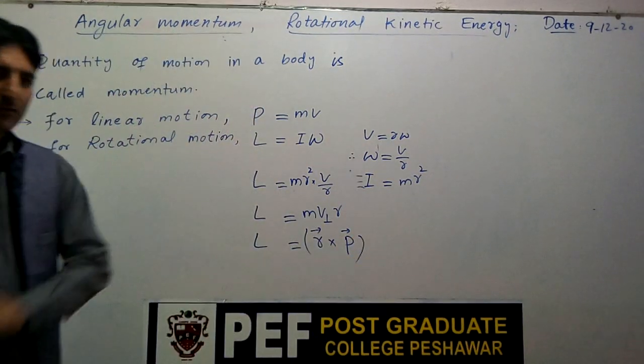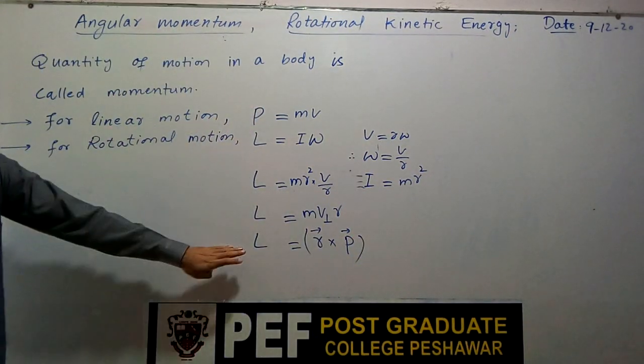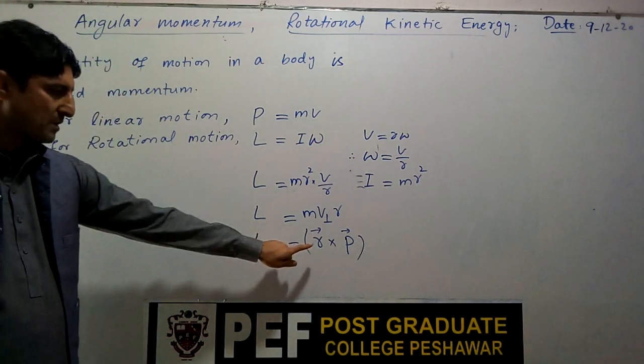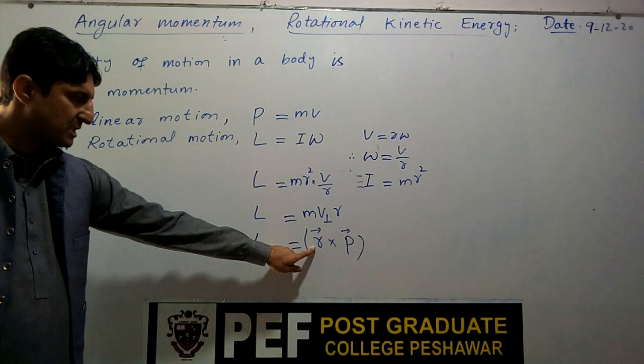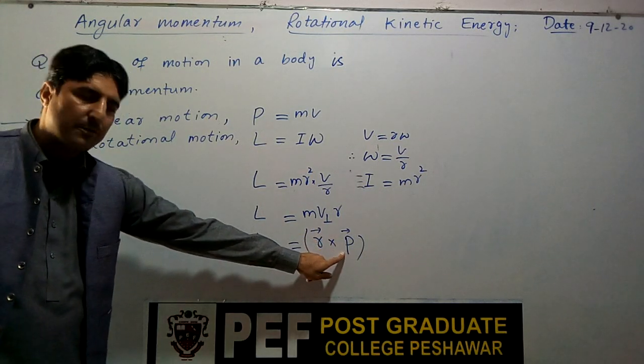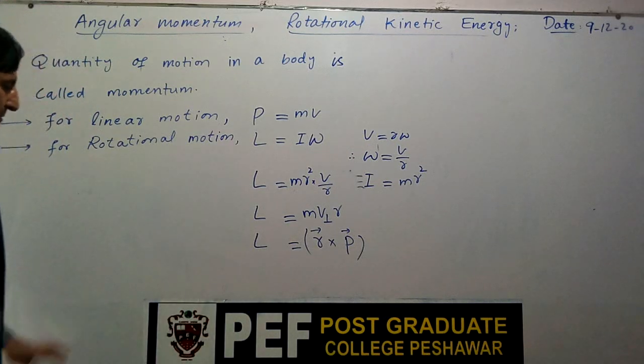This is another equation for angular momentum. From this equation, we can also define angular momentum as the cross product of position vector R and linear momentum P. So write the second definition for angular momentum.